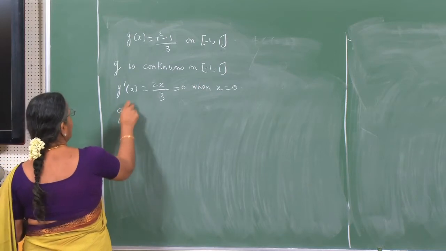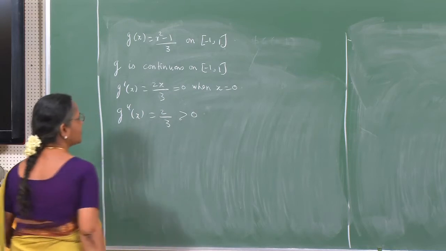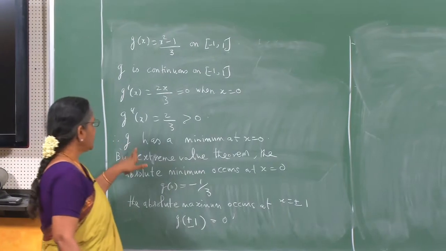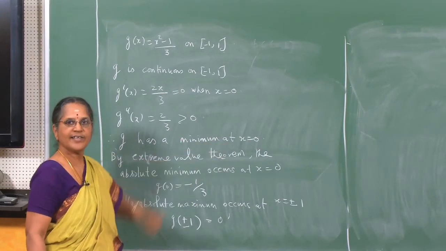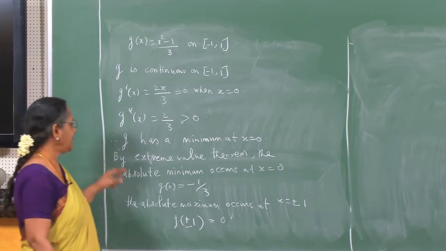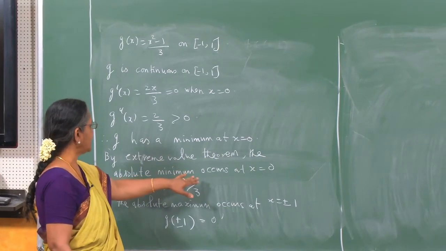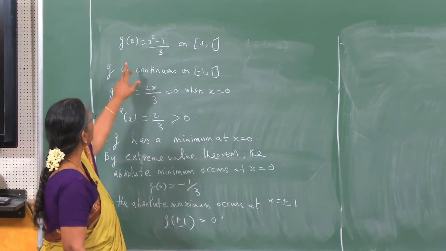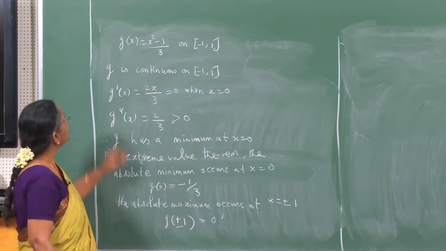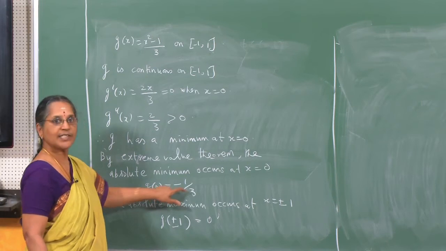And what about g double dashed of x? That is 2 by 3 and it is positive. Therefore, g has a minimum at x is equal to 0. An extreme value theorem implies that the absolute minimum occurs at x is equal to 0 for the function g, and the value is g of 0, which is minus 1 by 3.